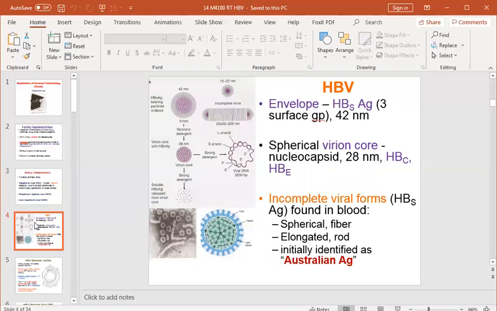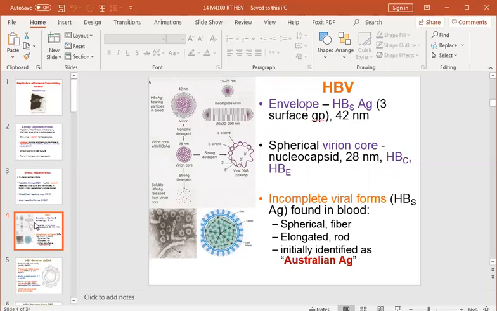Hepatitis B virus, or HBV, has an envelope, with a 42 nanometer diameter. On the envelope, we have 3 surface glycoproteins, the prominent one being hepatitis B surface antigen.